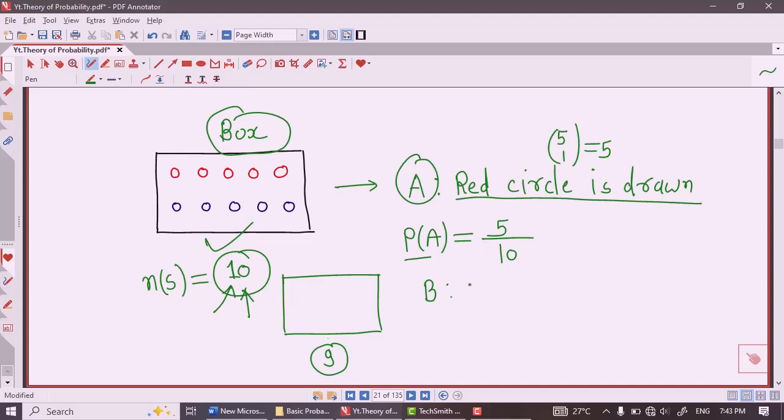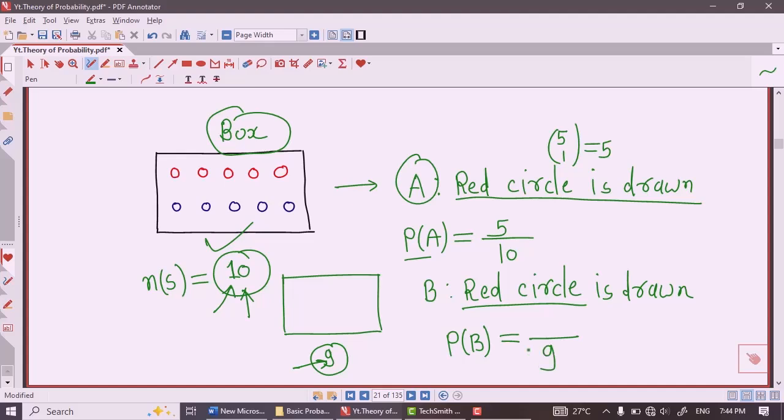Now suppose we consider event B as the circle selected the second time also being red, that is, the second circle drawn is also red. Then the sample space for event B has a total of 9 elements, because we have not put the circle selected in the first experiment back into the box. Therefore, the sample space for event B is reduced to 9 elements.